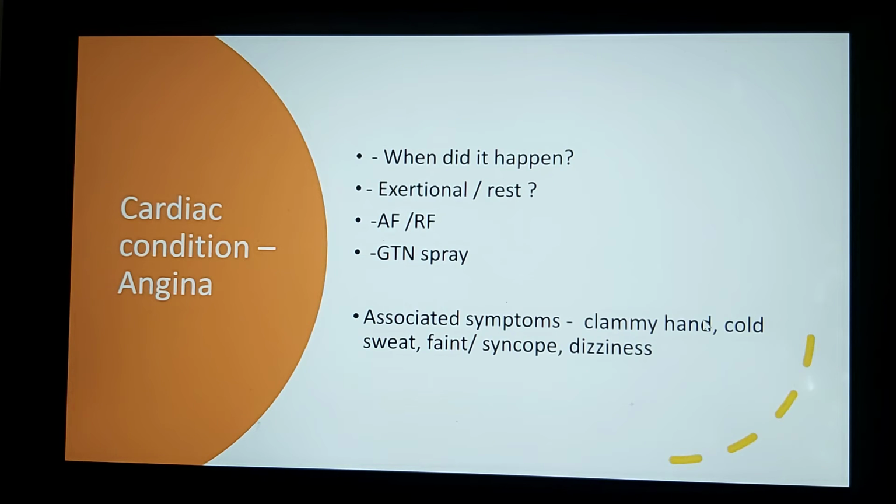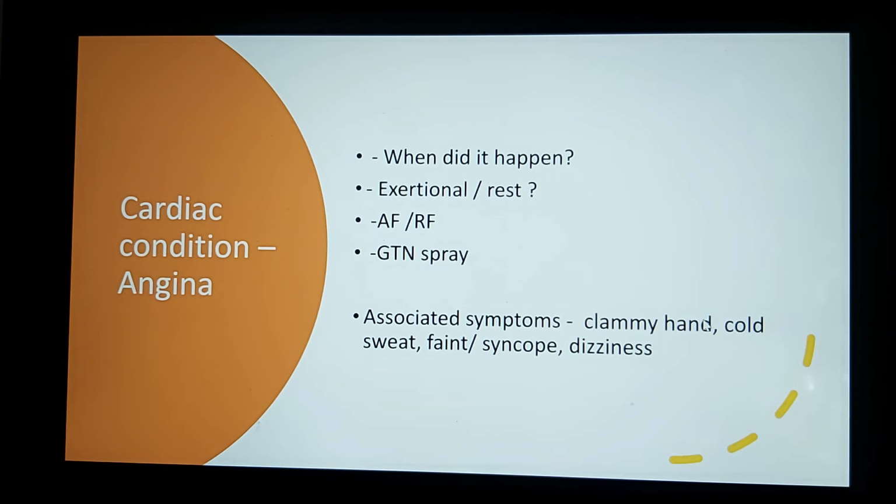If it is a cardiac condition and there is a history of angina in the files, then do ask them about it. You can confirm from the file: when did it happen, how did it happen, was it exertional or just at rest, what was the aggravating factor, what helped bring him down, and always ask whether he has the GTN spray or not.